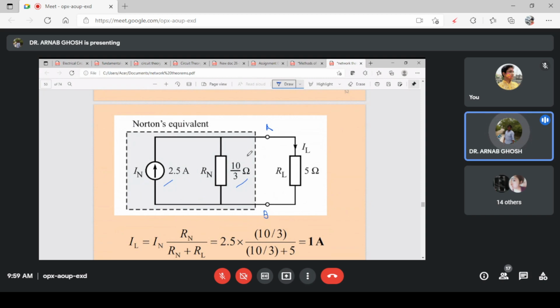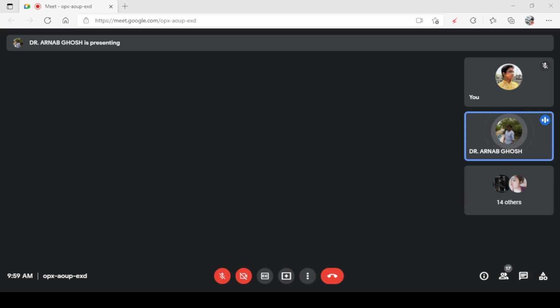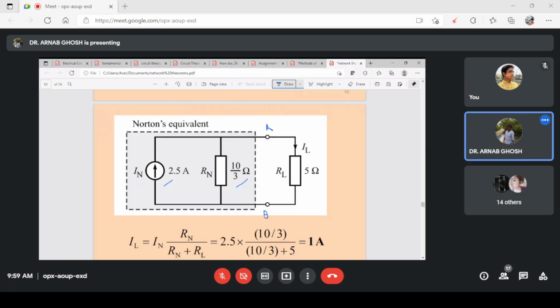We were only calculating the resistance of the entire circuit without the load resistance part, right? Now, what we are doing, we are connecting the load resistance, and we have also got the equivalent resistance of the circuit without the load resistance.